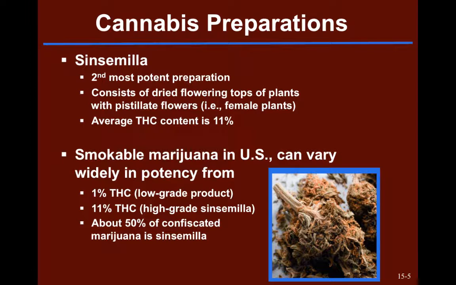And then also we see more and more marijuana that's cultivated indoors, and that product also tends to have higher potency. Now, in terms of why this is concerning, we do see that link in other drugs between potency and dependence potential. In marijuana, we're seeing mixed results. We do have some studies that say that people who are exposed to more potent marijuana are more likely to become dependent, but we don't really have conclusive information on that one just yet.